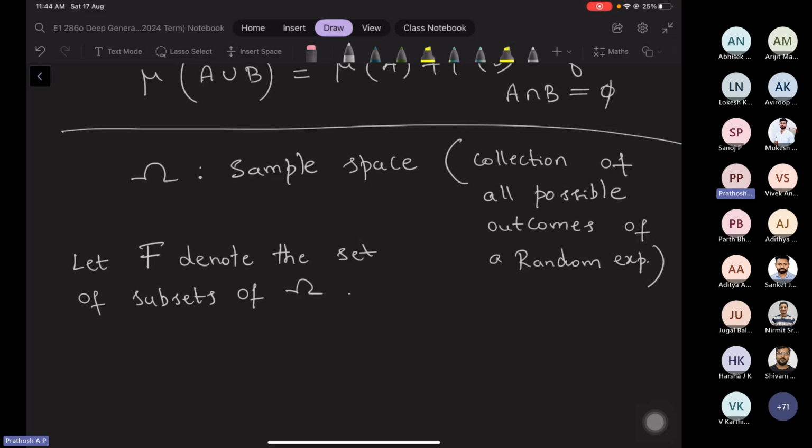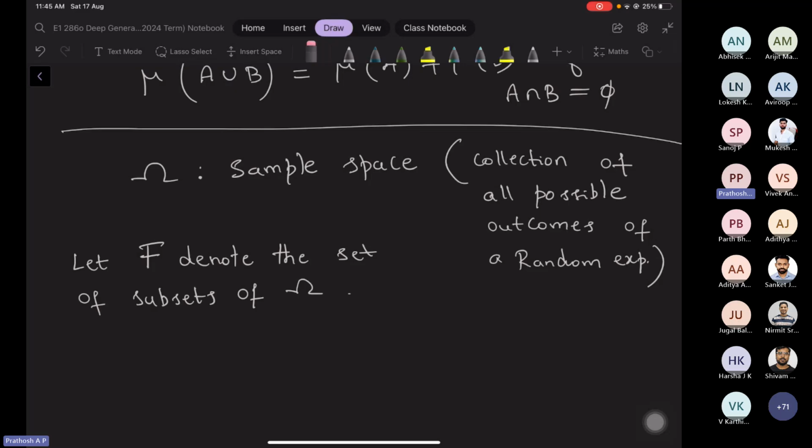You can go back to your examples. If you are rolling a die, you can take 1, 3, 4, 5 as one subset of the sample space. If you are tossing a coin, you can take head, tail, whatever. They are subsets of omega; this is omega, by the way. And if you are looking at pictures of some set of human beings, that is a subset of this particular set, and F denotes the collection of all such subsets of the sample space.